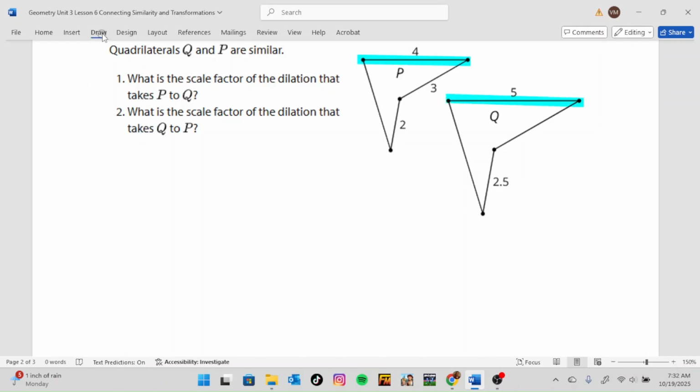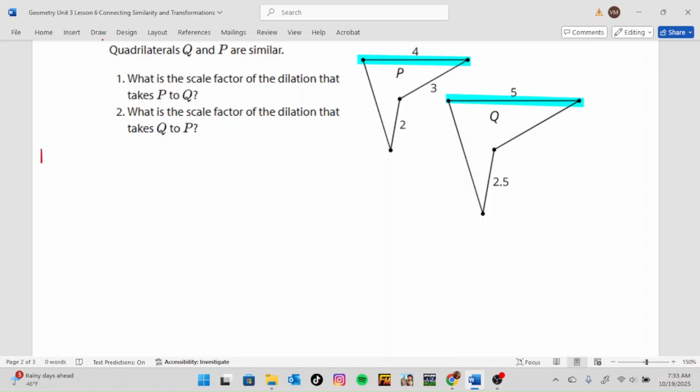Now, number 1 wants us to go from P to Q, and number 2 wants us to go in reverse from Q to P. Now, in either direction, it's a very simple process as long as you remember one thing.